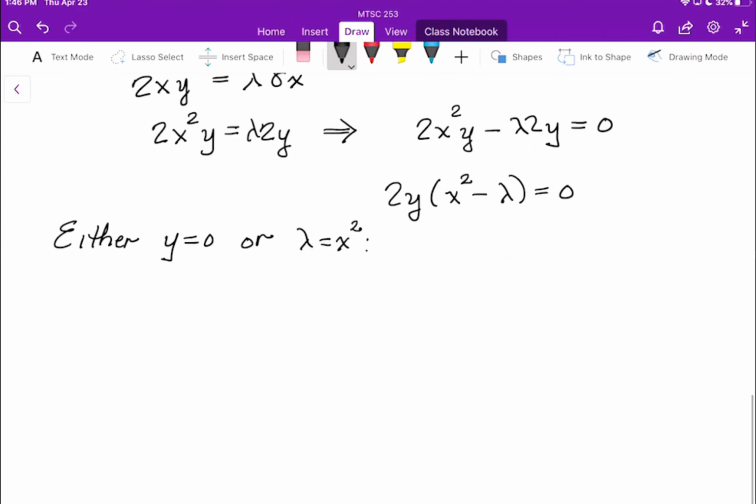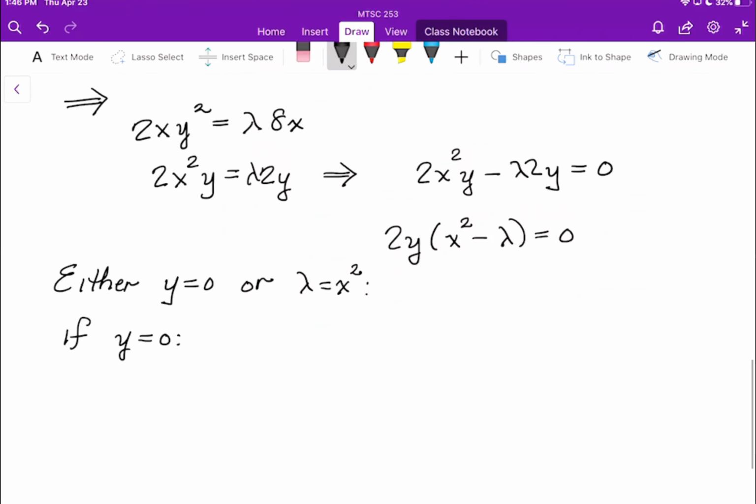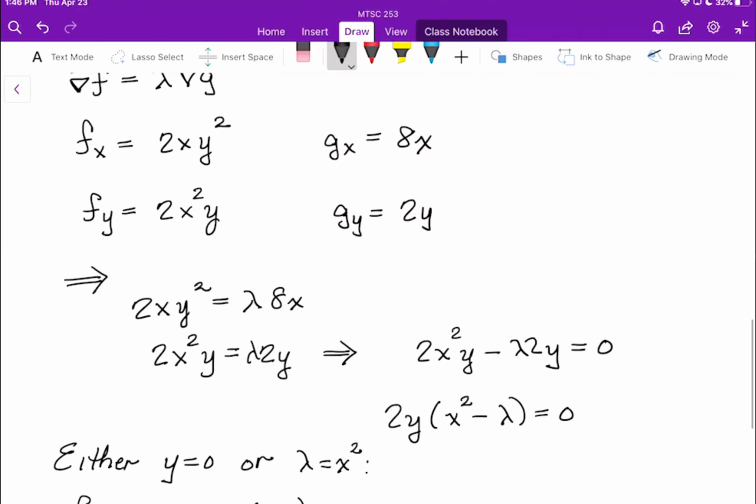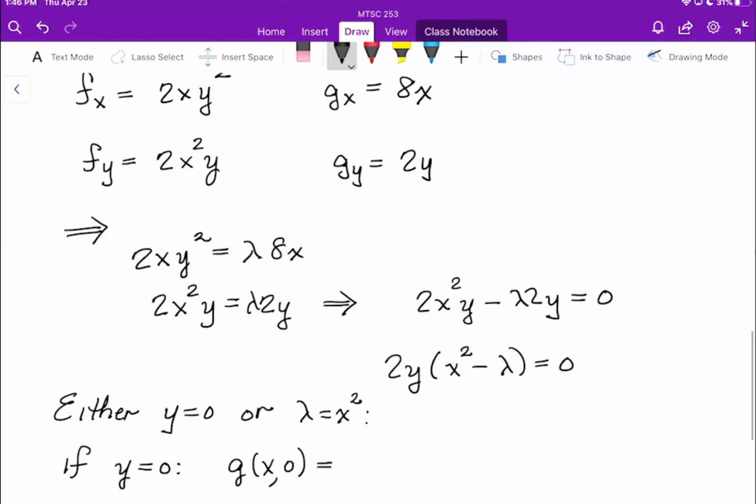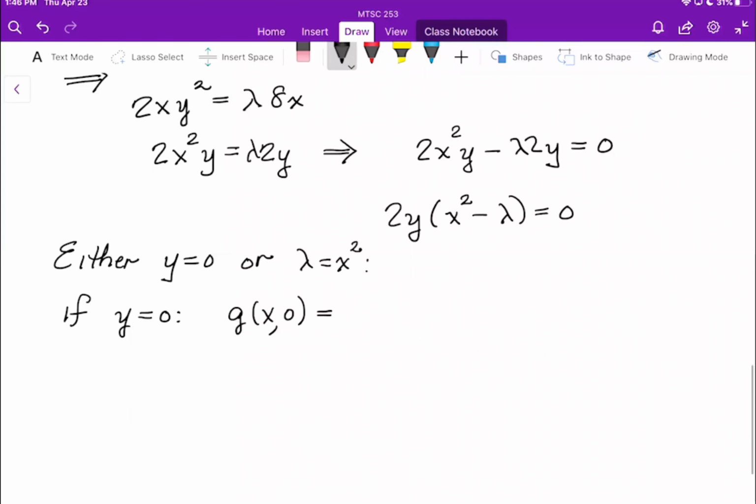So if y is 0, I'm going to plug that into my g. So g of x and 0 just becomes 4x squared minus 8 is equal to 0.